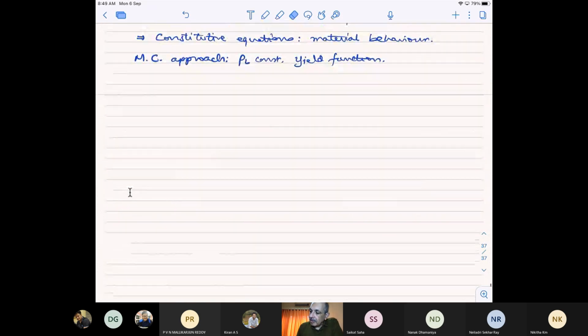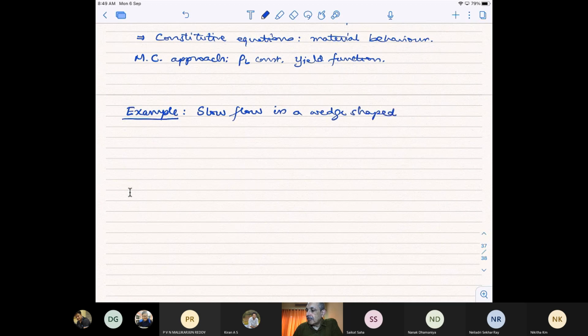And I'm going to do that using an example for which an analytical solution is available. And that example is slow flow in a wedge shaped hopper.